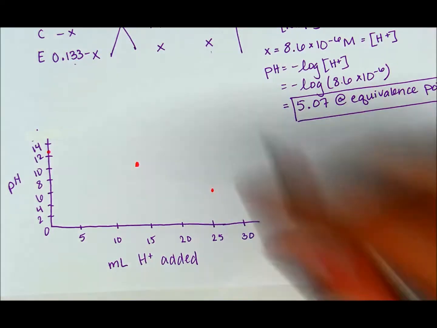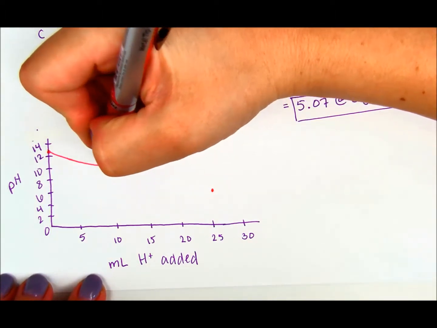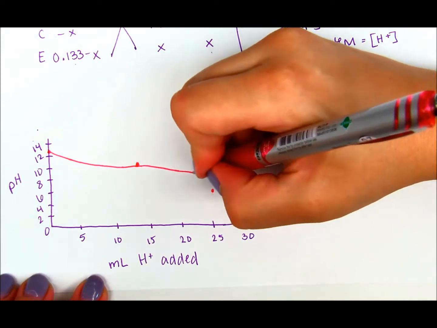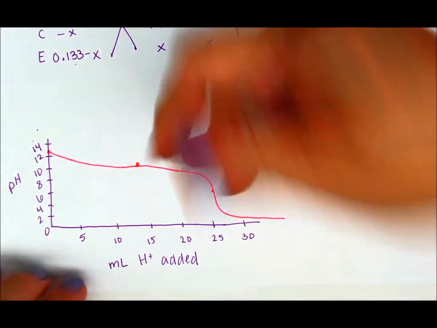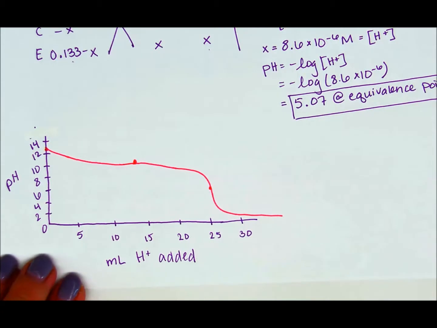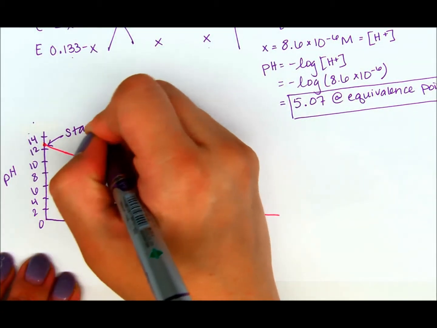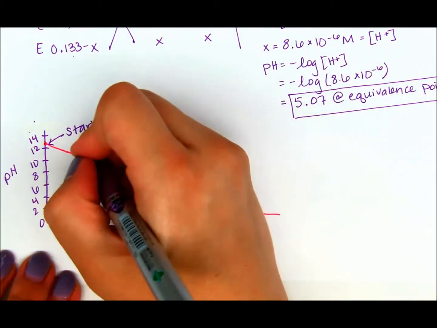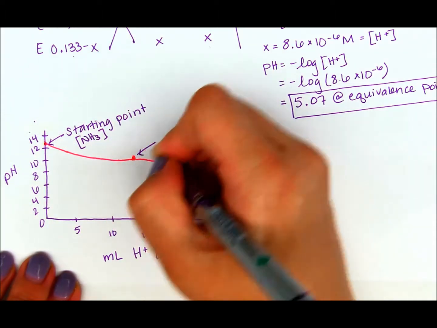So connecting these points with a curved line, remember you're kind of going flat through this whole buffer region. This should be flat. And then you start to drop very sharply here at your equivalence point and then level off again until you get low. Okay, this should be a straighter line, but I sketched it. Alright, so this labeling here, this is your starting point. And here you only have NH3. This is your halfway point.